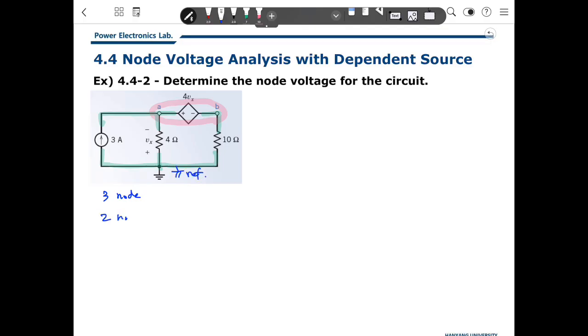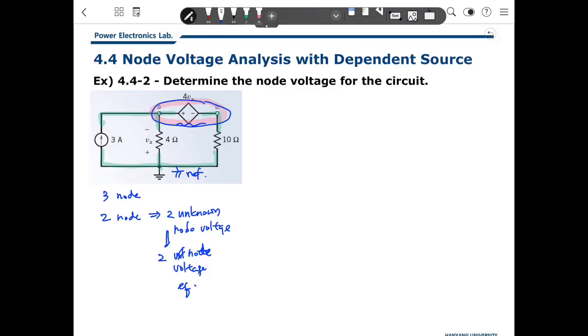So we have two remaining nodes, which means two unknown node voltages, and we need two node voltage equations. But between two nodes there is a dependent source here, so we can design a supernode.